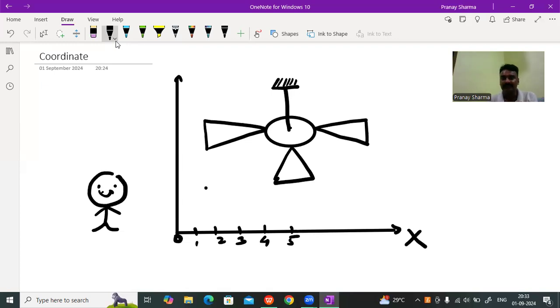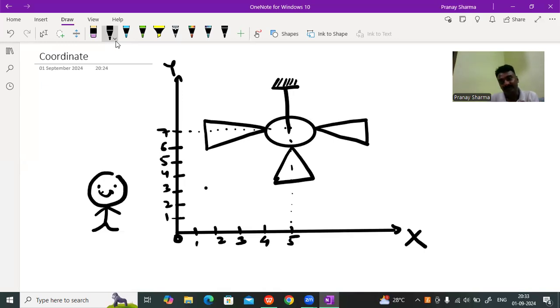I'm calling this X, and then you should be moving vertically up in the Y direction. Let us call this Y, and let us say 7 units vertically, 5 units horizontally. You'll be able to locate the rotor.